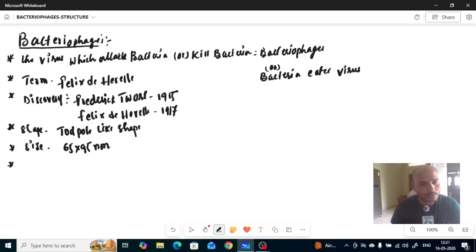Now coming to the molecular weight of the bacteriophage, it is 1.2 times 10 to the power of 8 Daltons.